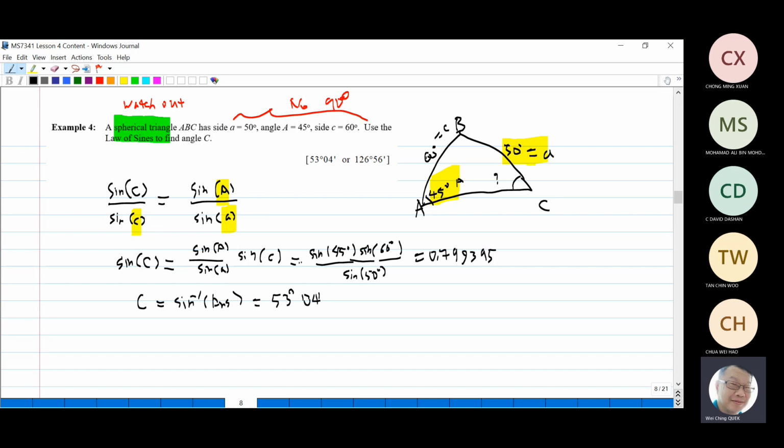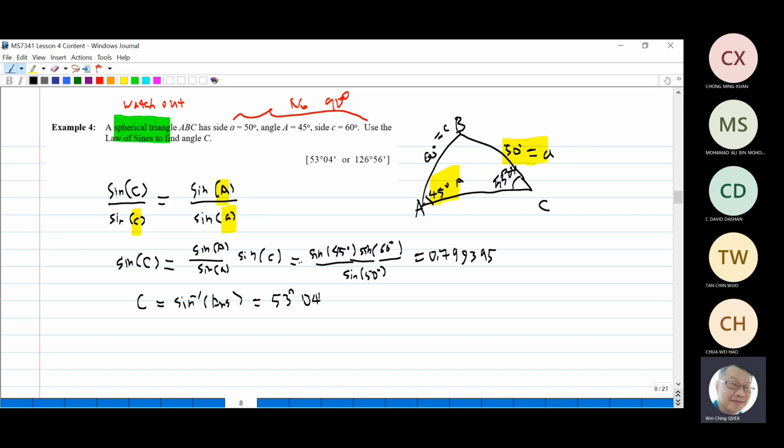This is angle C. Is it reasonable? It looks comparable: 45 degrees corresponds to 50 degrees, and 53 degrees 4 minutes corresponds to 60 degrees. Looks okay.